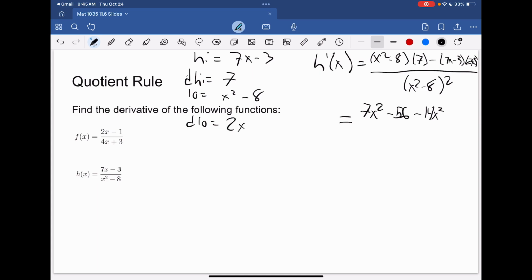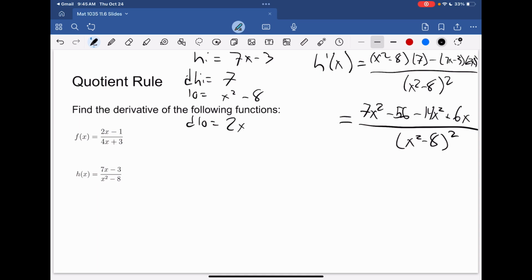And then I have a negative times a negative 3, which is positive 3 times 2x, which is 6x. Let me erase that and redo that. Doesn't look great. All right. All divided by that denominator. The denominator is just going for a ride, okay? So it's just tagging along.